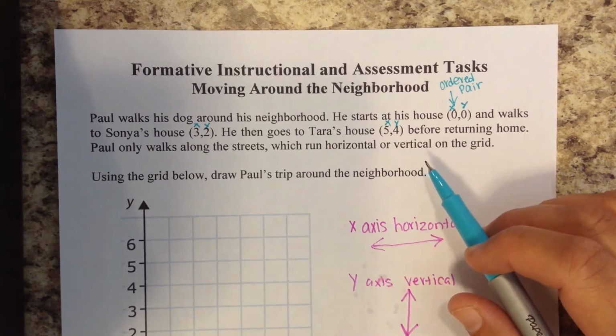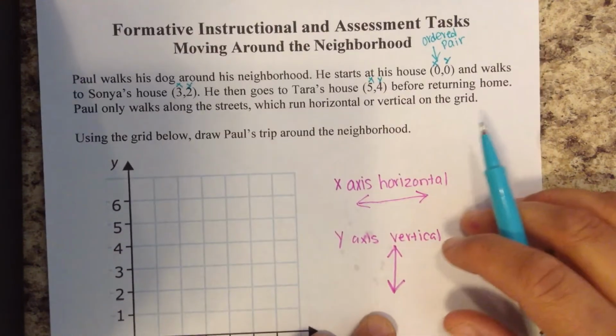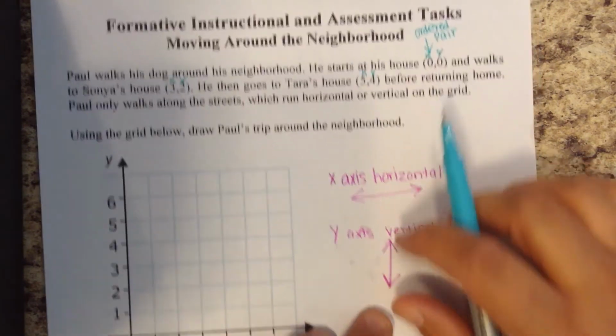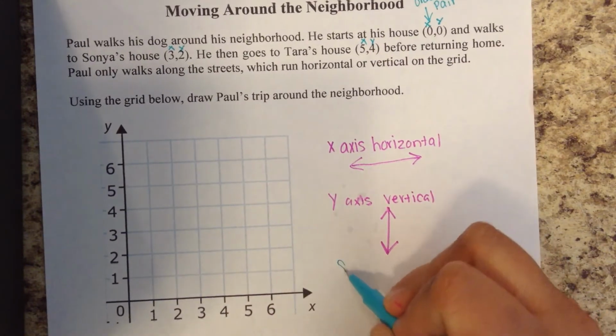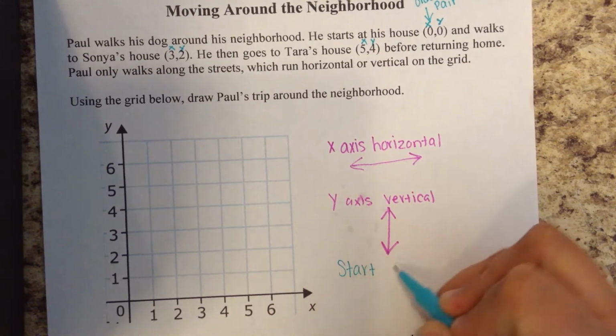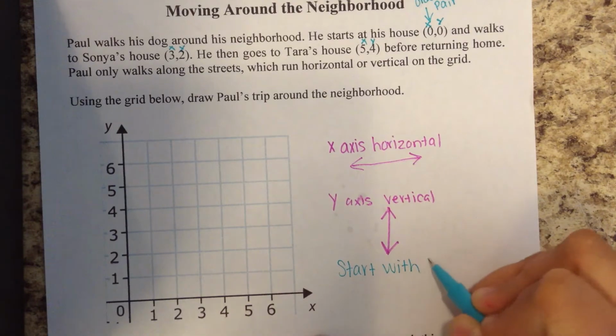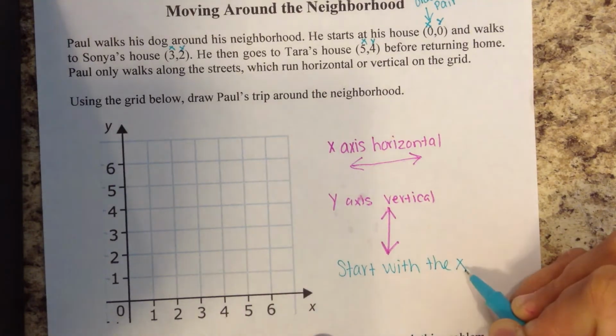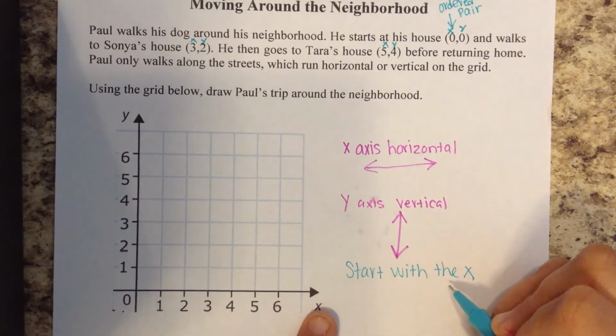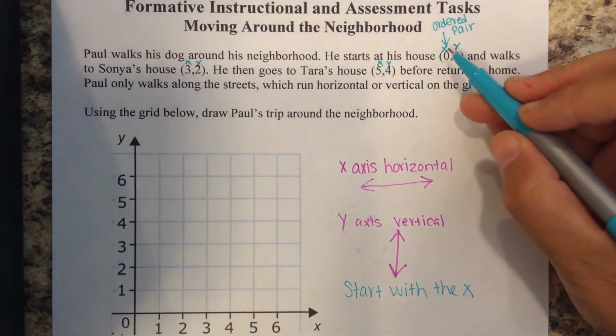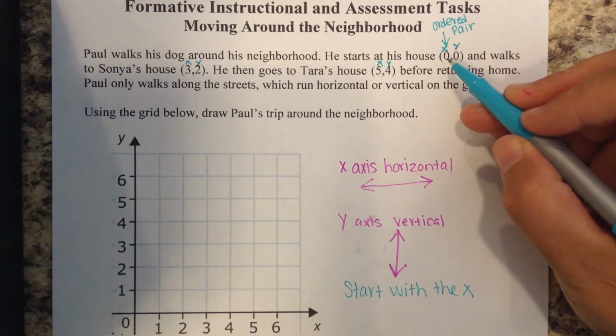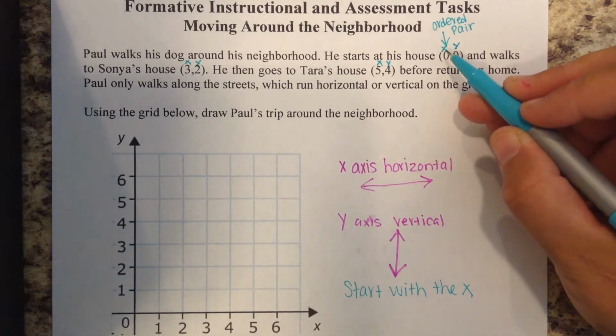He cannot go diagonal across the grid. All right, when you're plotting your points, you are always going to start with the x. That's important to remember. Start with the x.